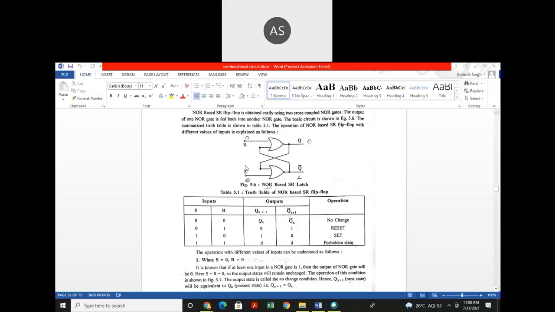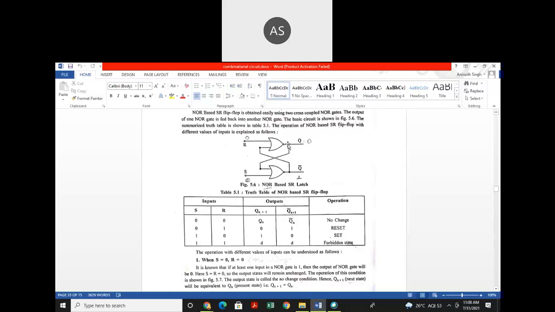Initially, suppose that S and R both are 0, and suppose that Q is 0, meaning Q is the previous state of the SR flip-flop. This Q may be 0 or 1. Suppose that this Q is 0.